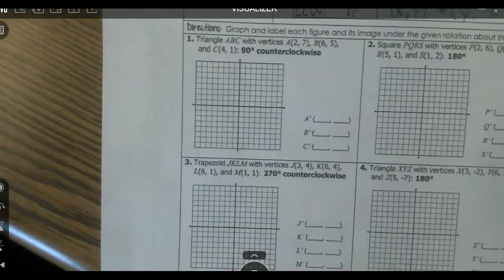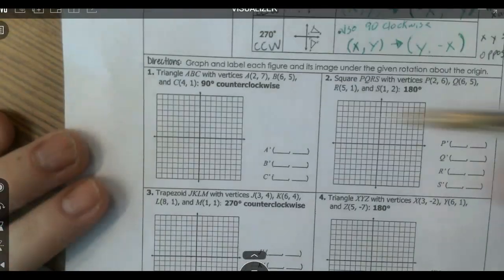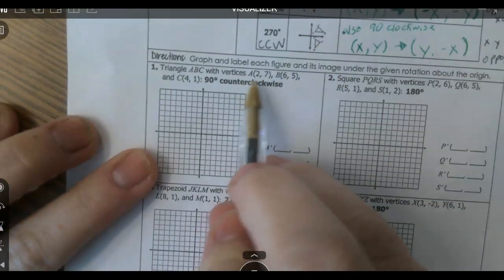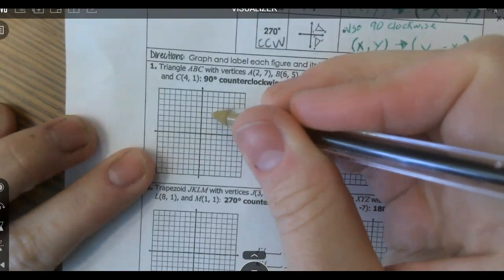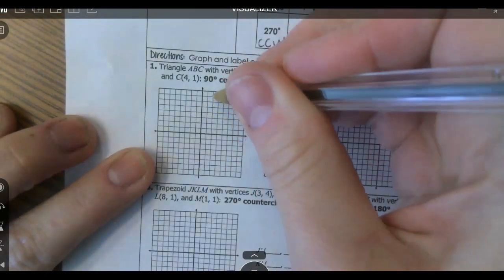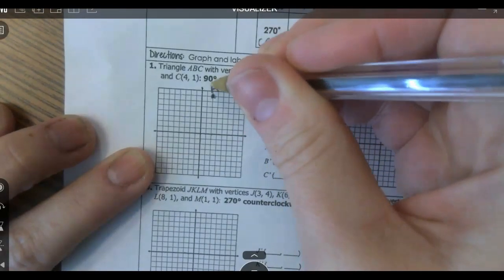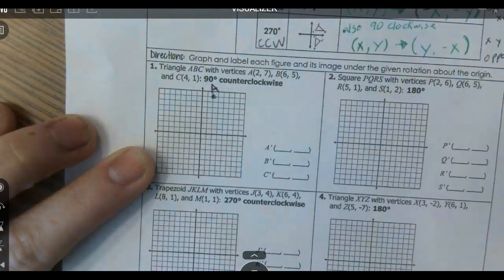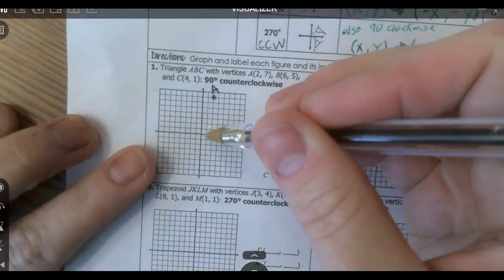For this one, we need to draw a triangle ABC on our graph. Point A is at 2, 7. So it goes right there, taking care to label this point as point A. Point B is at 6, 5.